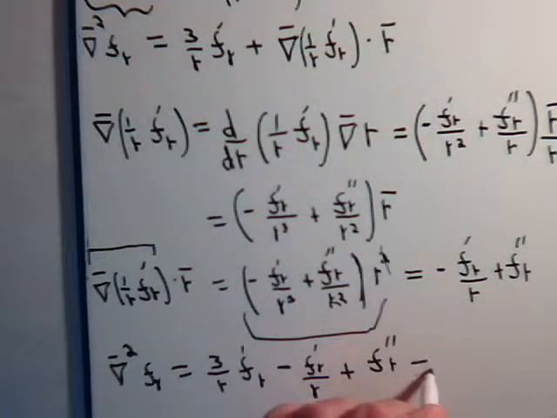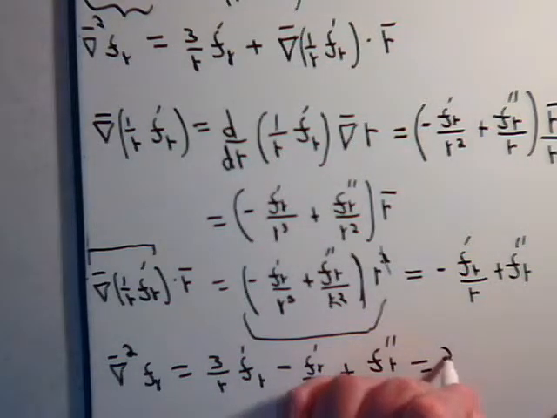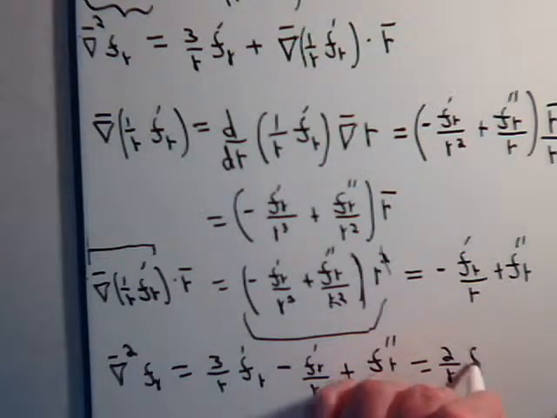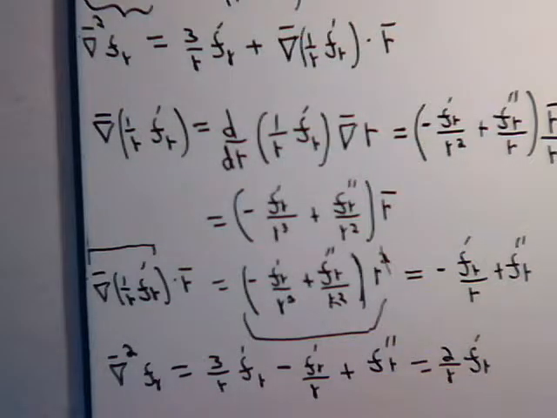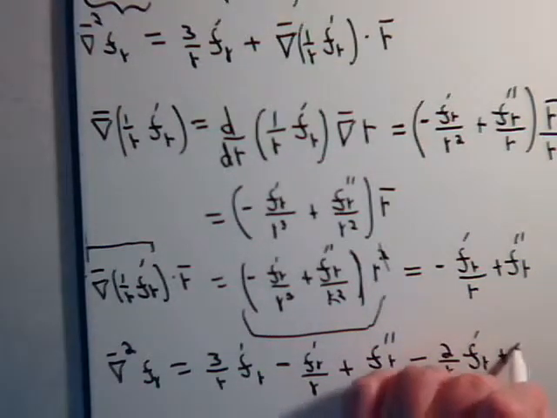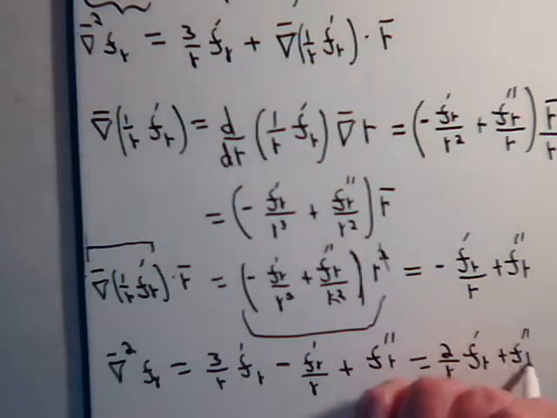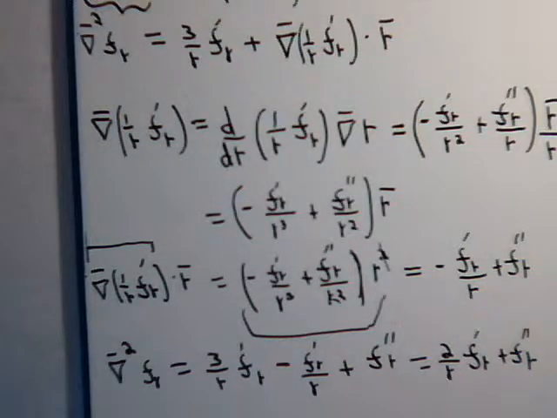And this is going to equal 3 minus 1 is 2, so we have 2 over r times the first derivative plus the second derivative. And that's what we were supposed to show. That's the identity. So there it is.